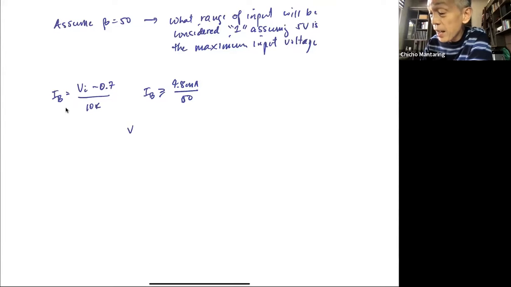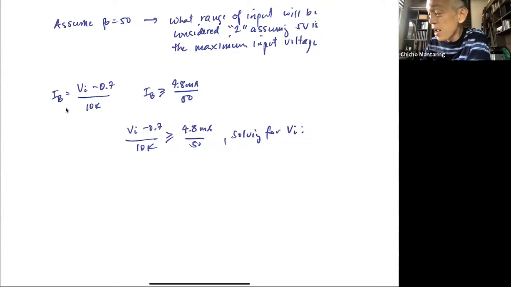So I have (VI minus 0.7) over 10k should be greater than or equal to 4.8 mA over 50. Okay, solving for VI from here, should now be greater than or equal to 1.66 volts.